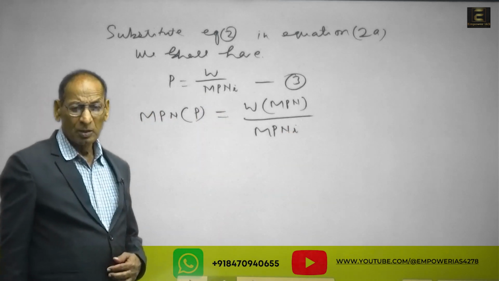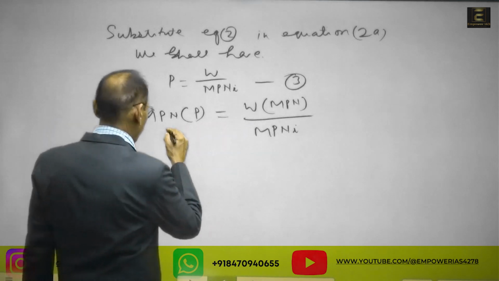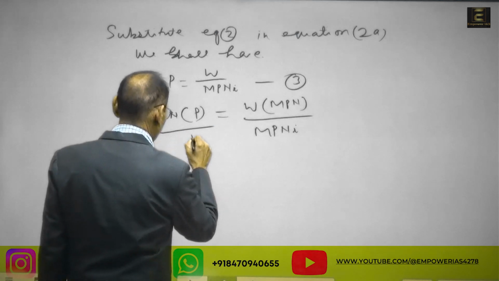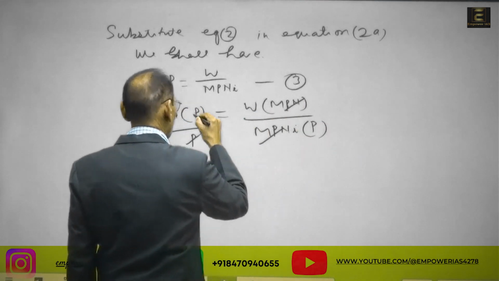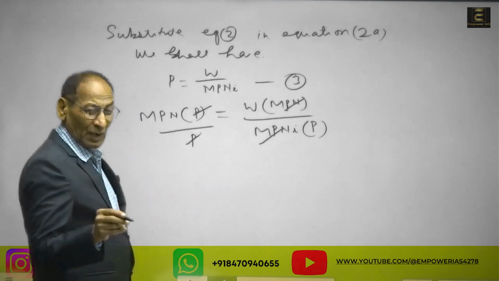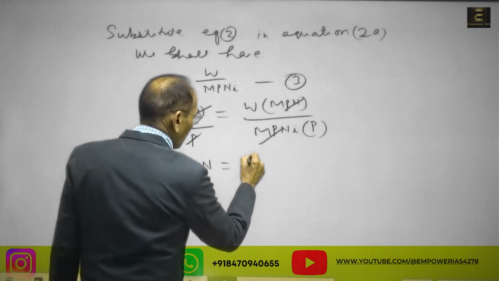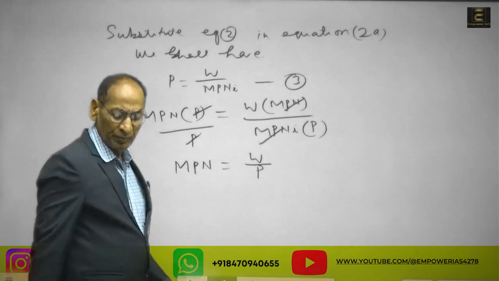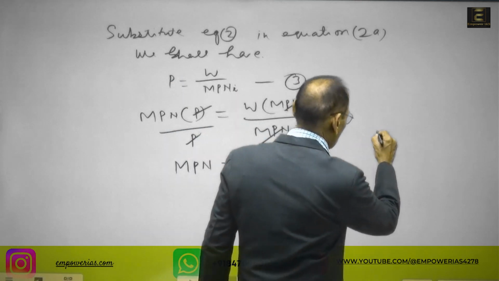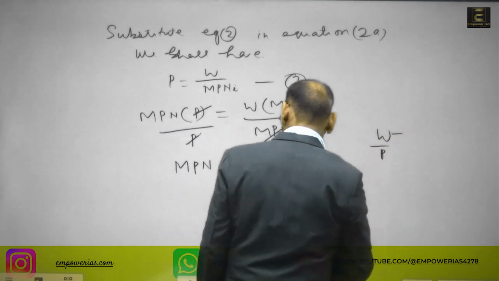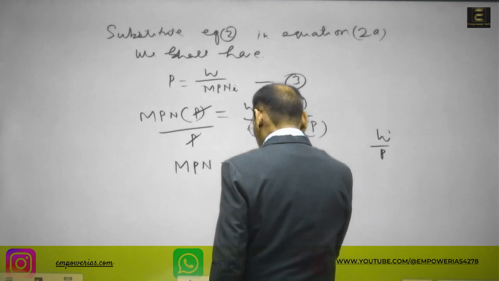And also we divide equation 3 by price P, and this P will be cancelled out, and now equation 3 can be written as MPN equal to W by P, and W by P is the real wage.